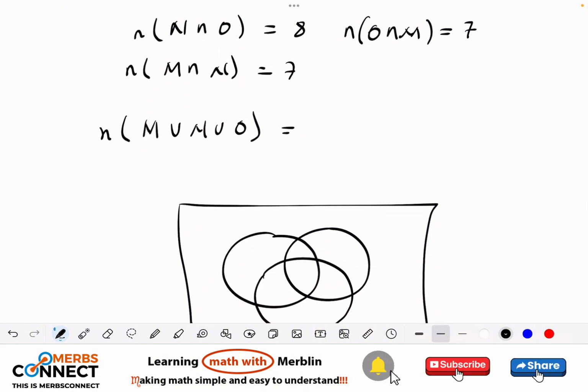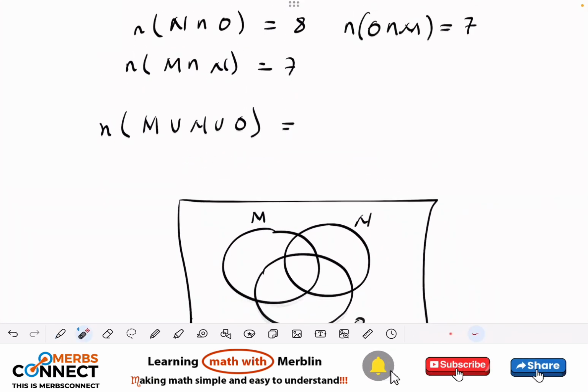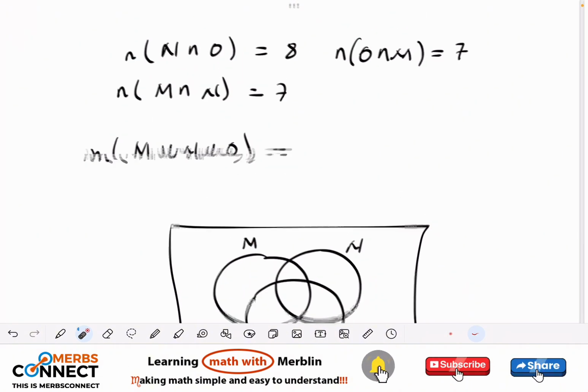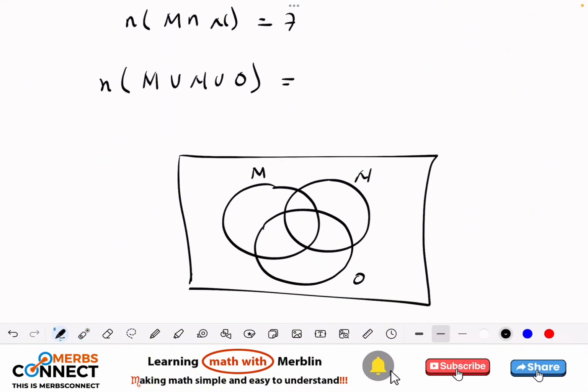So I have, let's say this is M, this is my N, and this is my O. Now remember, this here is a value that is common to all of them, right? So since I have 8 here, I can place 8 in the middle.